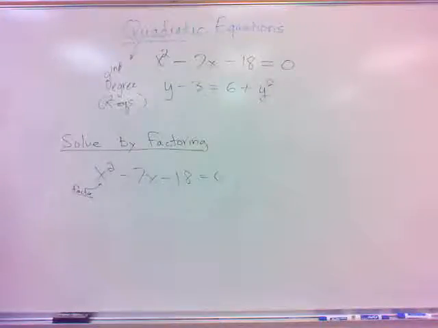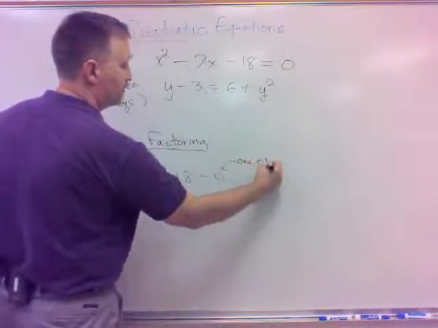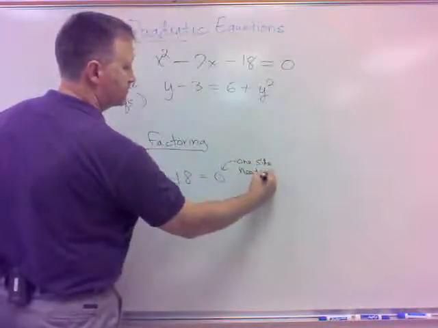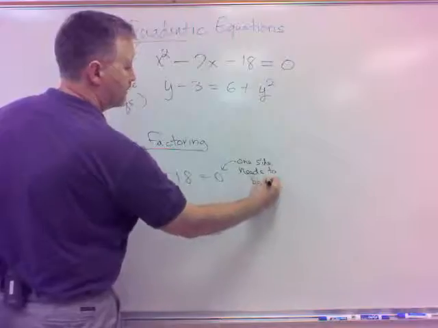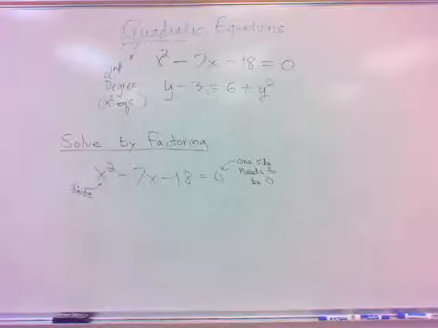Now, one key ingredient is before we factor, this side does need to be 0 to use this method. And the first couple we do, it will be already 0, so that we'll talk about what to do if it's not in a second.